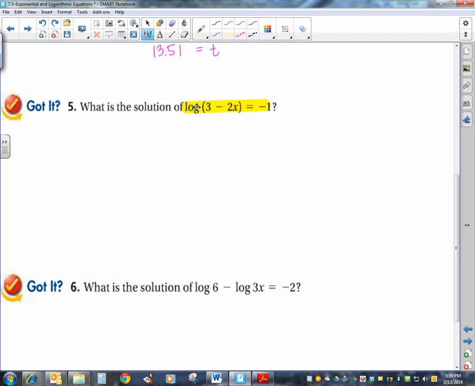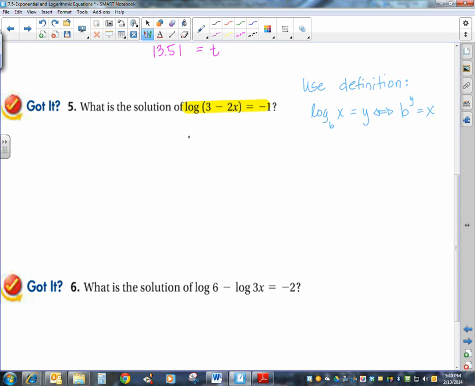When you have only one log, you're going to use what we referred to earlier as the definition. So hopefully you remember the definition. If we had the log base b of x equal to y, if and only if, so that meant we could go either way with this, b to the y equals x.